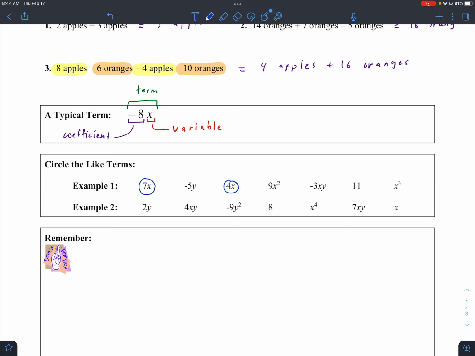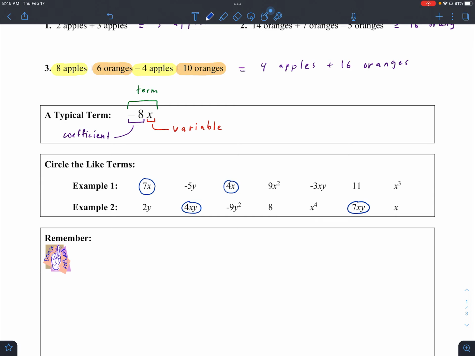Now, looking at example number 2, think about which of the terms here would be like terms that you would be able to add or subtract from each other. If you said 4xy and 7xy, then you're right.